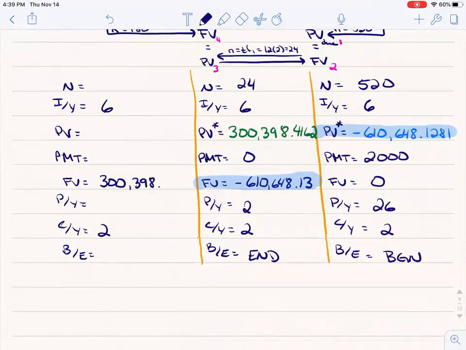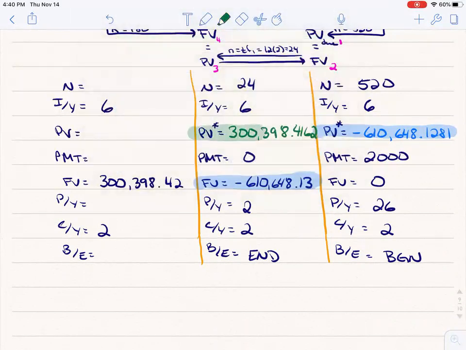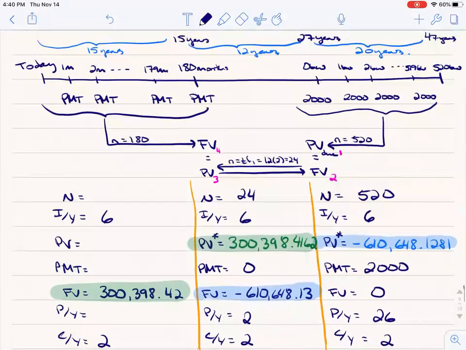But just before I lose this, 0.42 cents rounding properly. And this guy and this guy, they're the same. So now I know what this value is, which means I know what this value is.